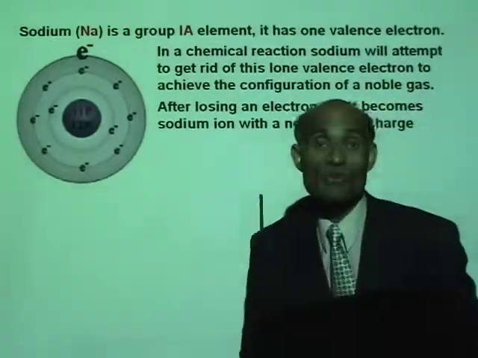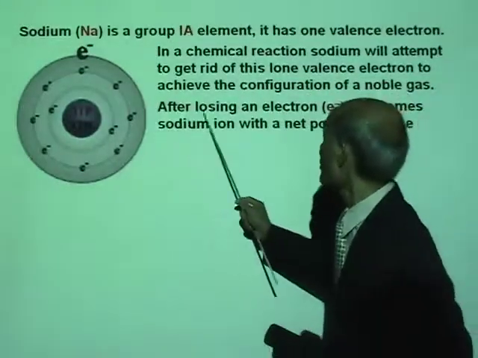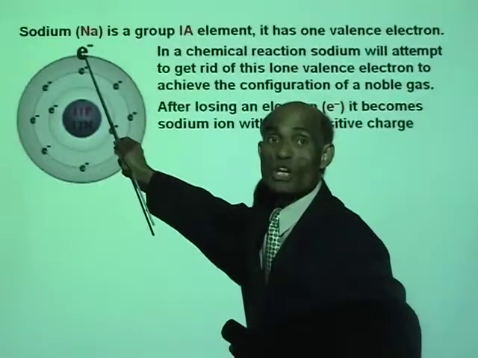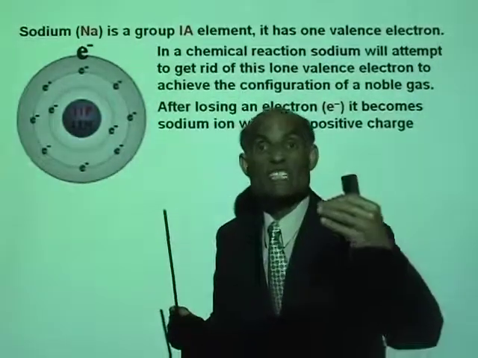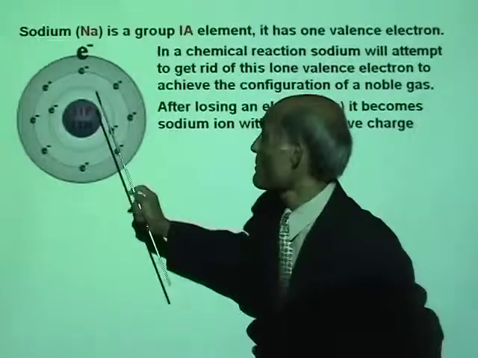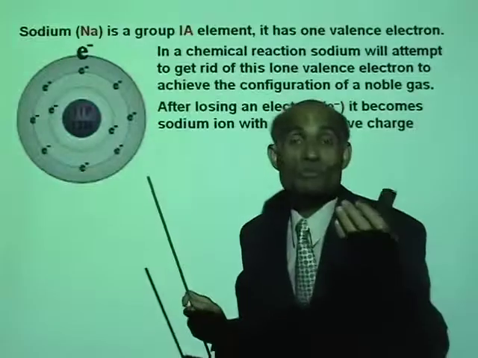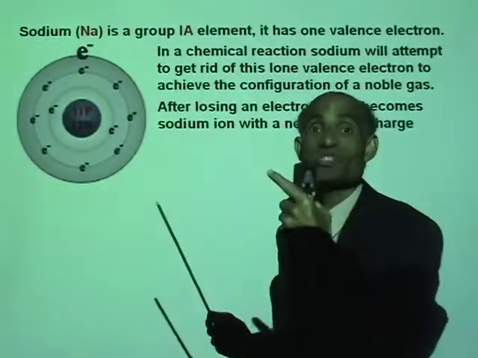Now what happens if it gets rid of this electron? After losing an electron, that electron is a negative ion, and the remaining sodium atom is no longer neutral. It is deficient in one negative charge.